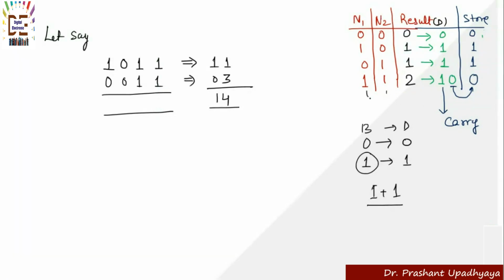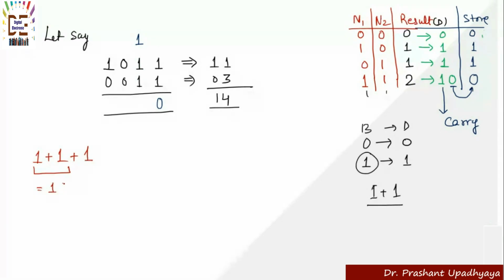So 1 plus 1 is how much? 10. We know 1 plus 1 will be 10. So I will store 0 here. I will put a carry of 1 here. Okay. Now again, what is 1 plus 1? Now we have got this 1 plus 1. So let me add this one. This is 1 plus 1 plus 1. Okay. So what is 1 plus 1?